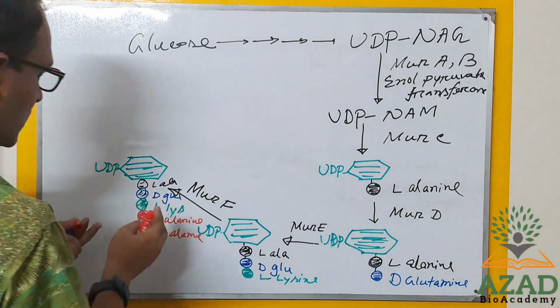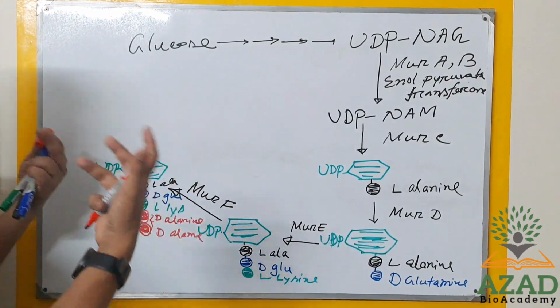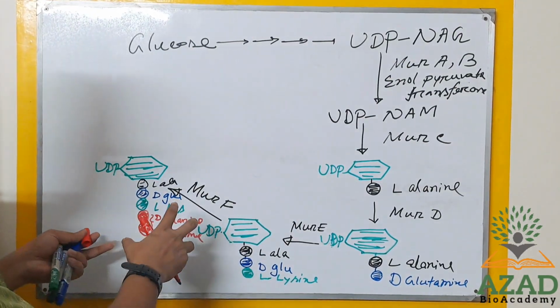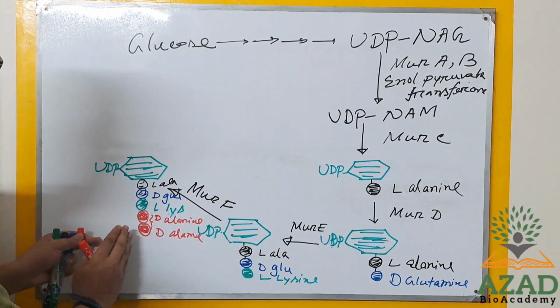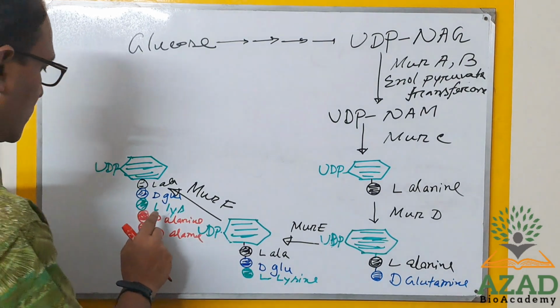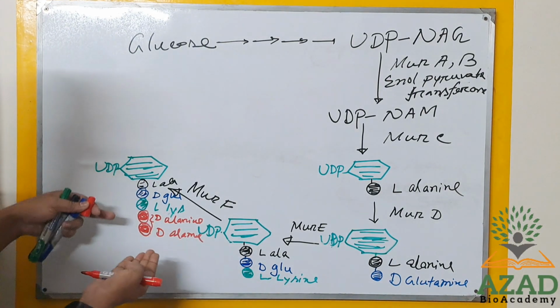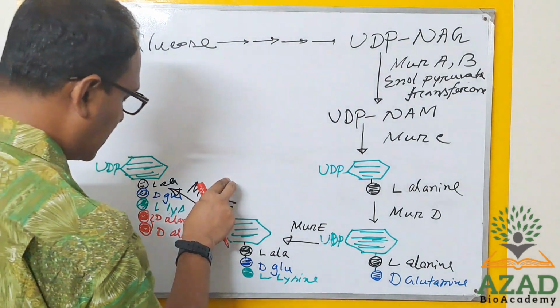And who will form the dimer actually? In our human body, L-alanine is available, but for the bacterial cell, D-alanine is very much important. So L-alanine will turn into D-alanine, and then D-alanine will form a dimer, and then it will attach by the MUR-F.